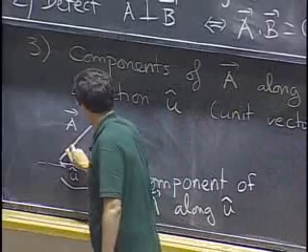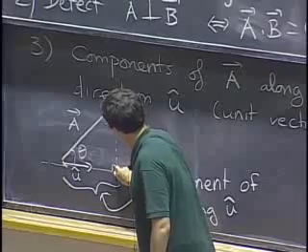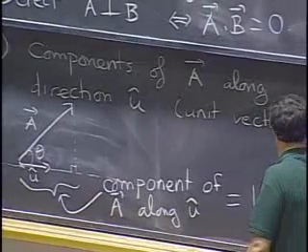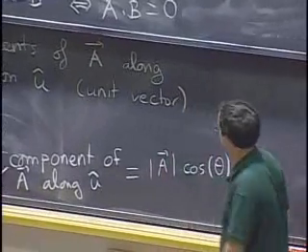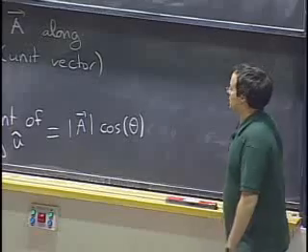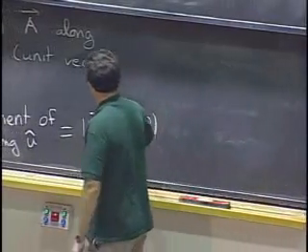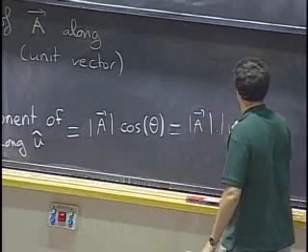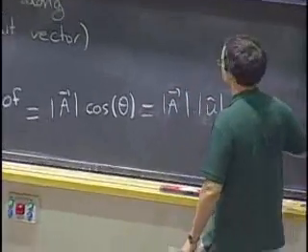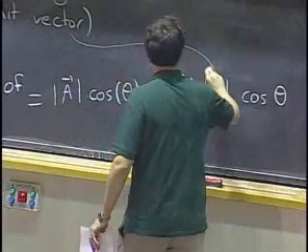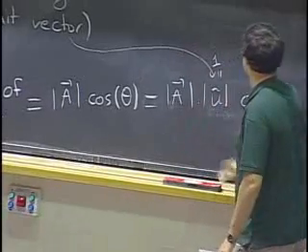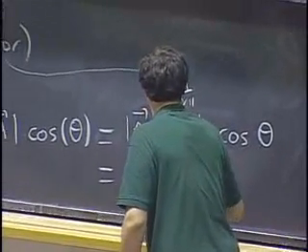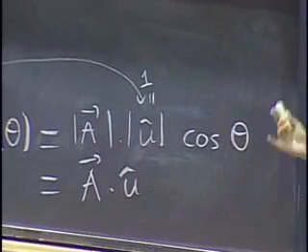Well, we know that here we have a right angle, so this component is just length A times cosine of the angle between A and U. But now that means actually we can compute it very easily because that's the same as length A times length U times cosine theta, because U is a unit vector. That means this is equal to 1. And so that's the same as the dot product between A and U. Okay? So that's very easy.